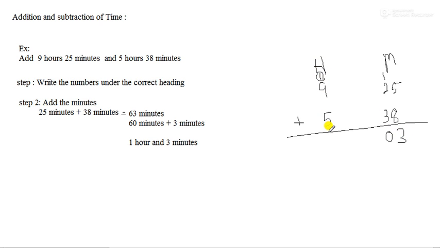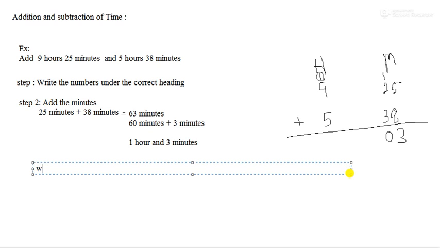Now the next step is write 03 in the minutes column and carry 1 hour to the hours column.